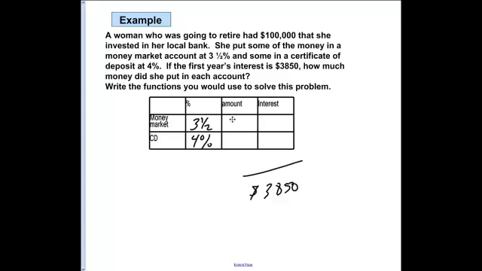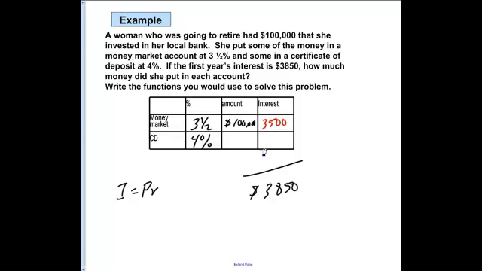Now we can figure out the interest amount by multiplying. This is 100,000. We use the formula I is equal to PR, and we find the amount of interest, and we get 3,500.